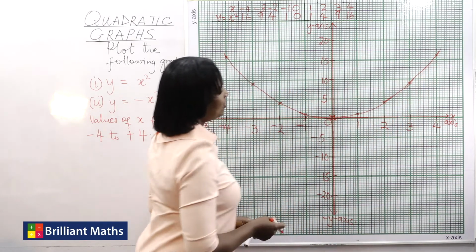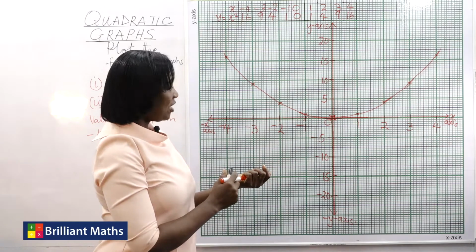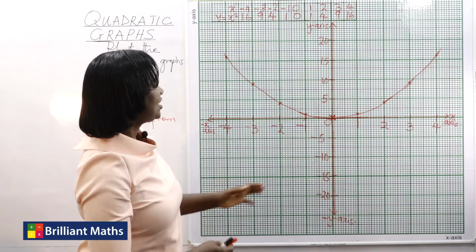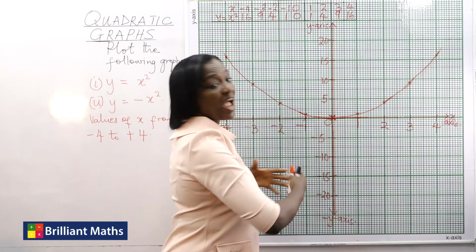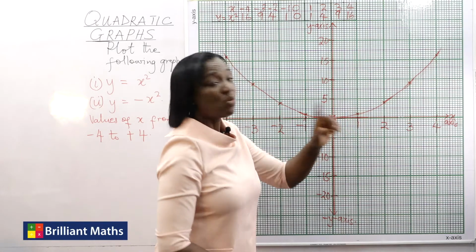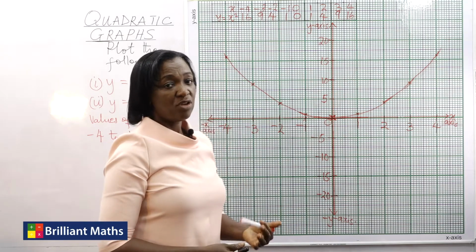Good. That's better. So that's your parabola. It looks spread out. The reason is because the values of x are wider. 1 centimeter for x is 1 unit, but 1 centimeter for y is 5 units.